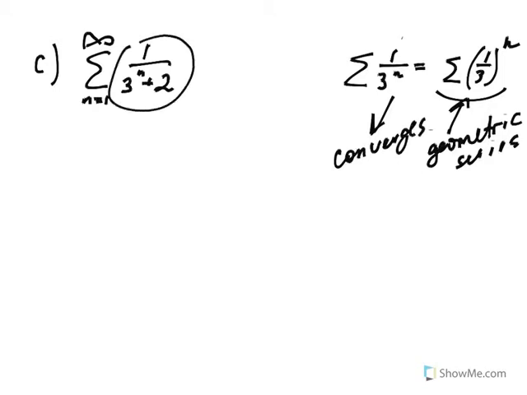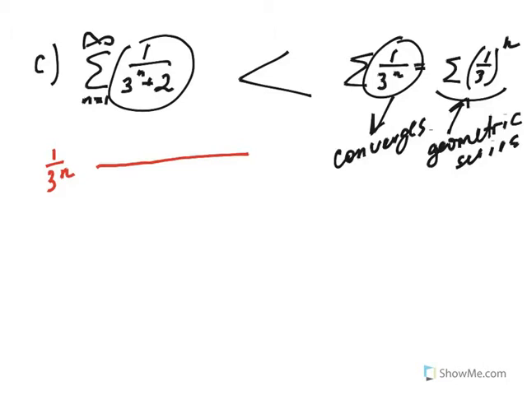Now let's compare. Since you add 2, your whole fraction becomes smaller than 1 over 3 to the power of n. So this one is smaller than that. Now let's use that same strategy. 1 over 3 to the power of n is greater, so it's above. 1 over 3 to the n plus 2 is smaller, so it's below.